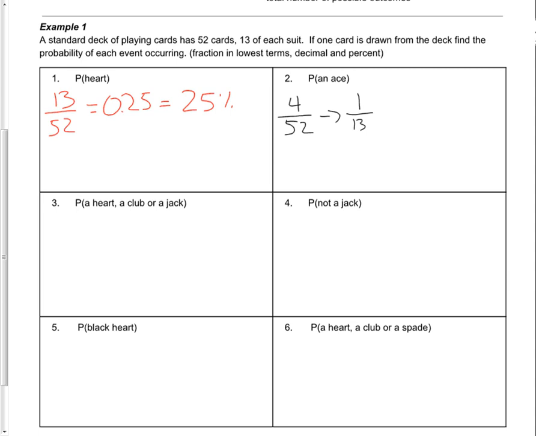So if I want to convert this into a decimal, I would take 1 divided by 13, and that's going to be approximately 0.077. And if I want to then convert that into a percentage, I'd multiply that by 100 to get myself 7.7%.